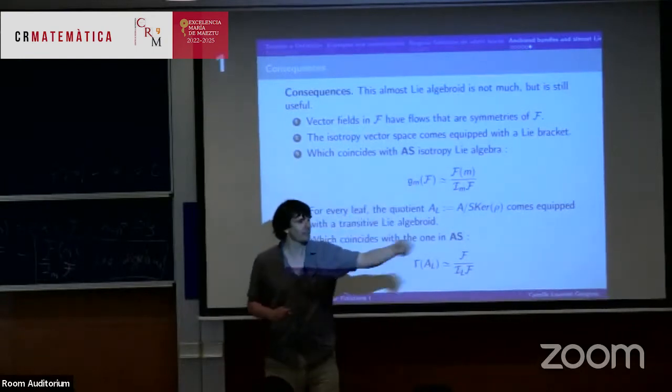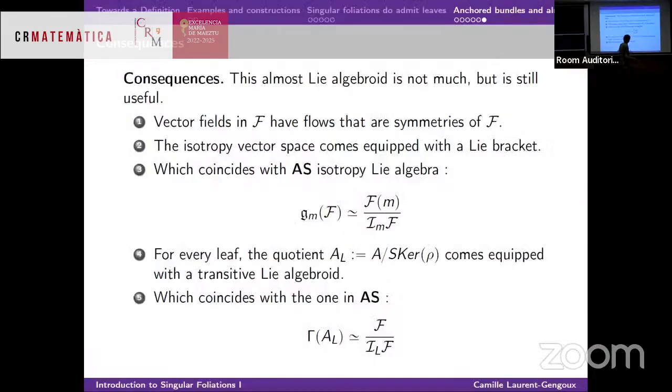Okay, so if I have a leaf, I do this construction and get a transitive Lie algebroid. I take the almost bracket, I restrict and I make this quotient by the strong kernel. I get a decent Lie algebroid, which happens to be transitive. Again, it coincides with a Lie algebroid that appears in Androulidakis-Skandalis and has been studied a lot by Androulidakis and Zambon.